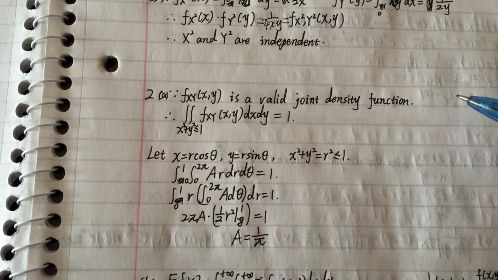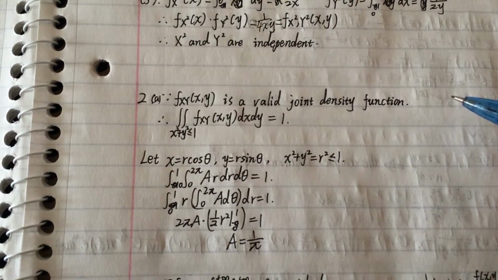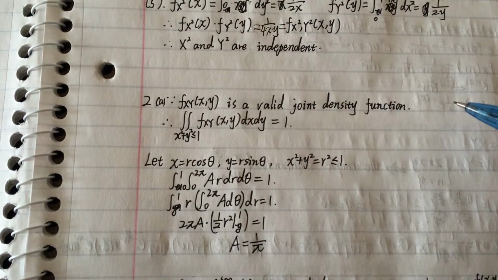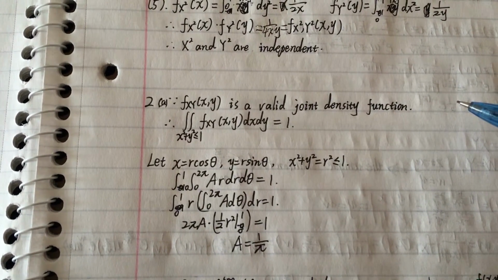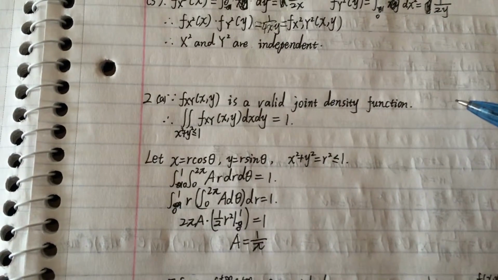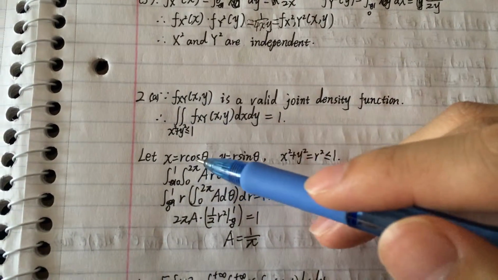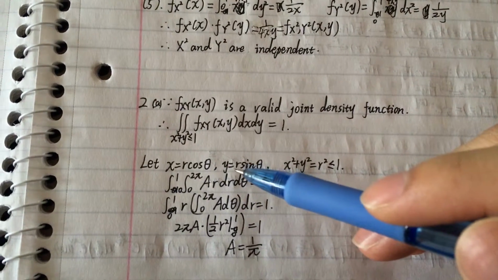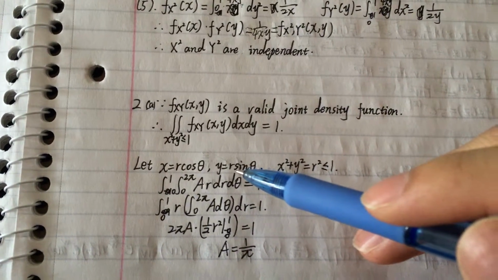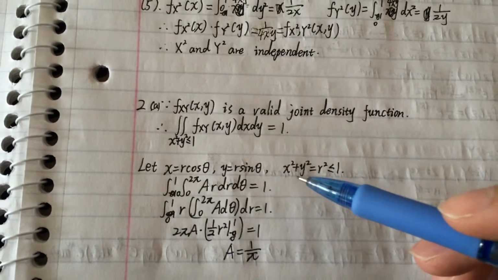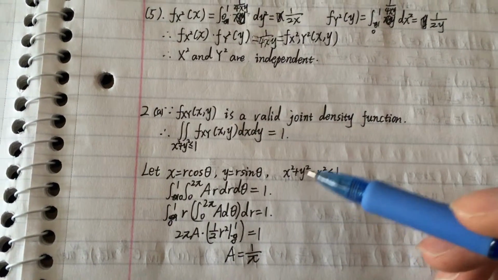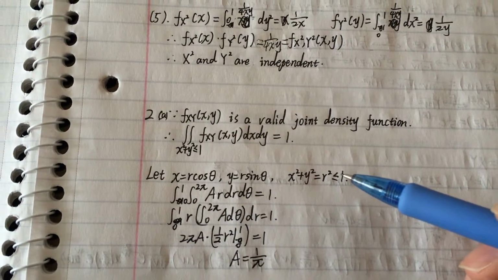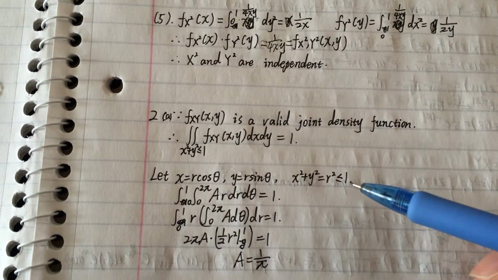We know that x squared plus y squared is smaller than or equal to 1. So we can let x equal r times cosine theta, y equal r times sine theta, so x squared plus y squared equals r squared, which is smaller than or equal to 1.